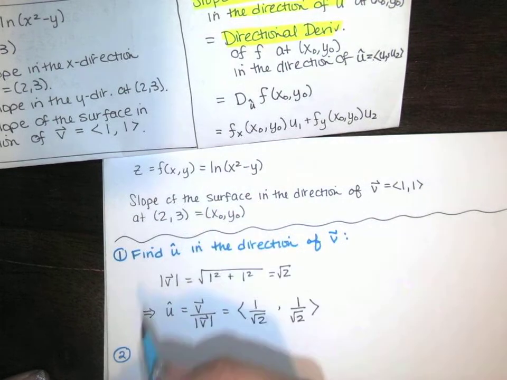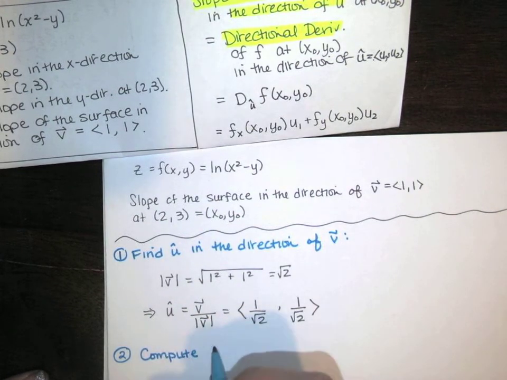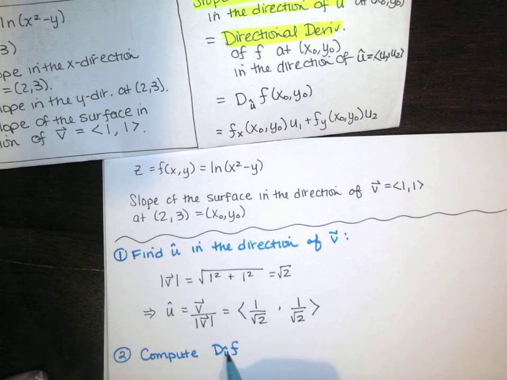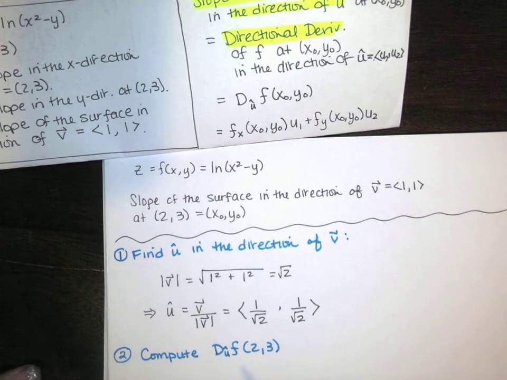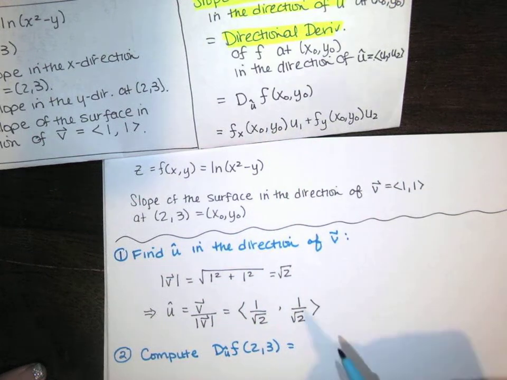we're just going to substitute in all of our pieces. We're just going to compute the directional derivative of f at 2, 3 in the direction of u using the formula. According to my formula, x naught, y naught was 2, 3.